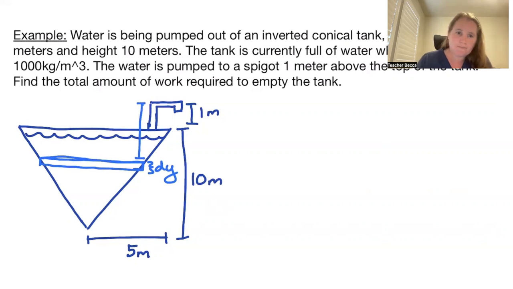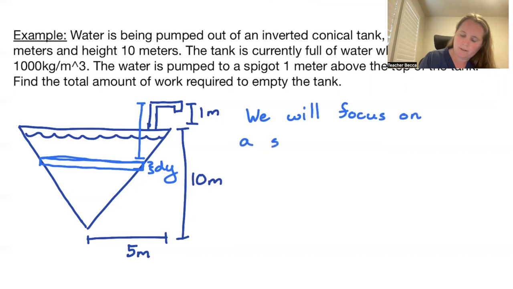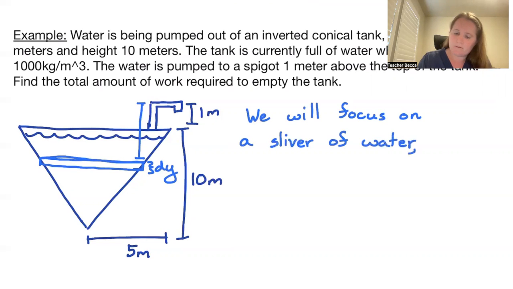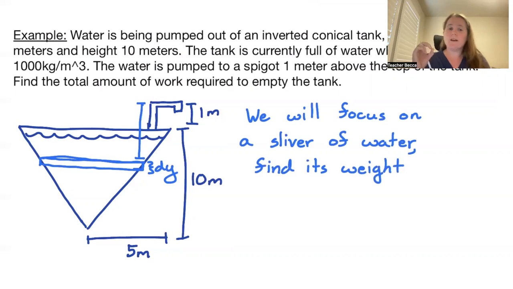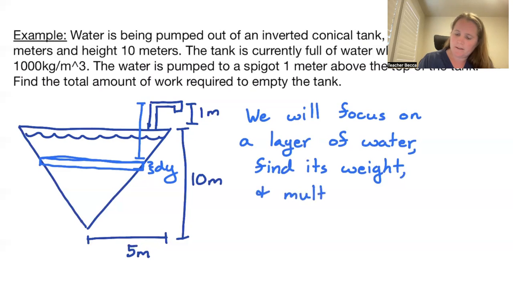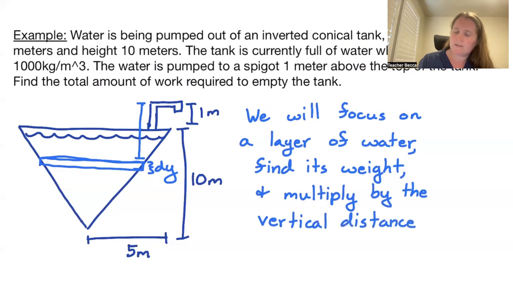So we will focus on a sliver, I guess I should call it a layer of water, find its weight, and then multiply by the vertical distance that layer needs to travel.